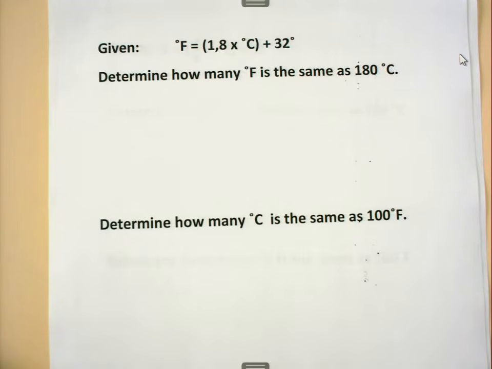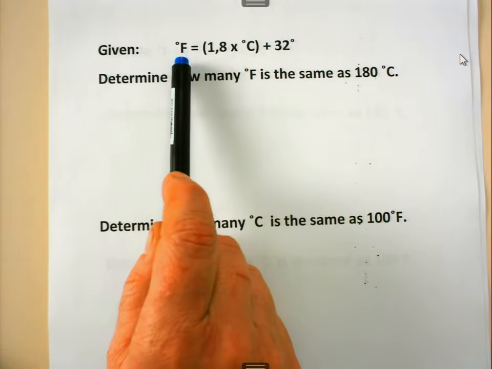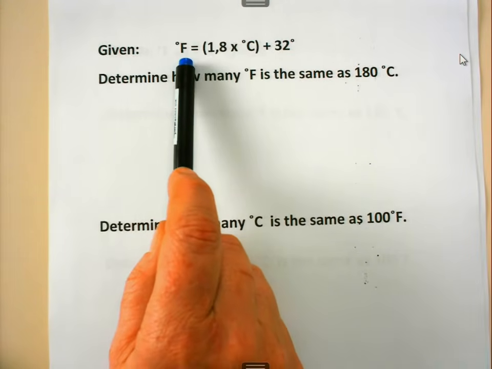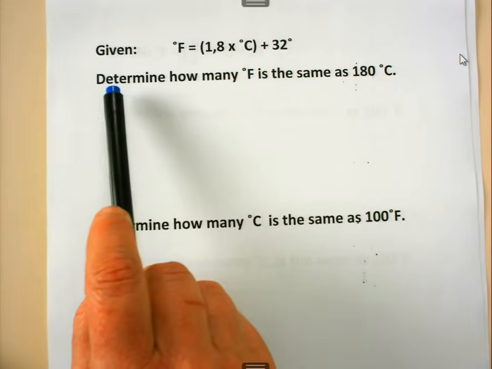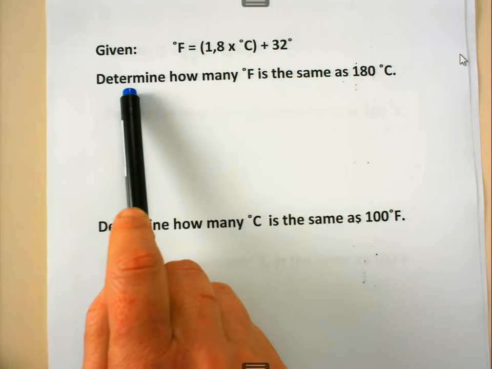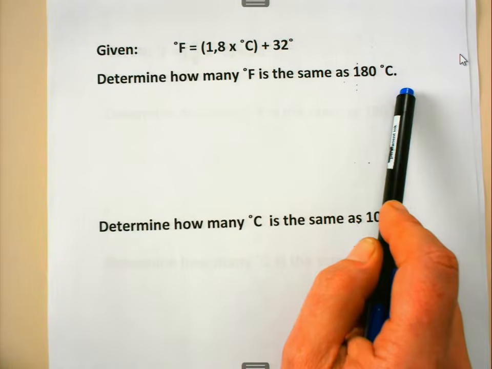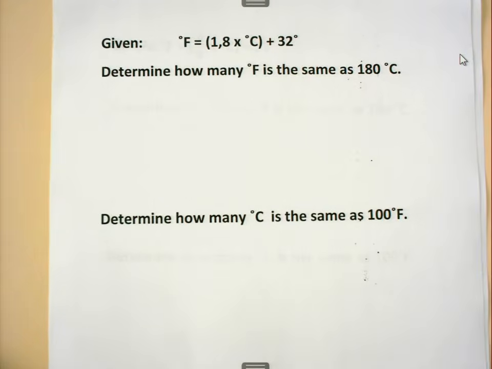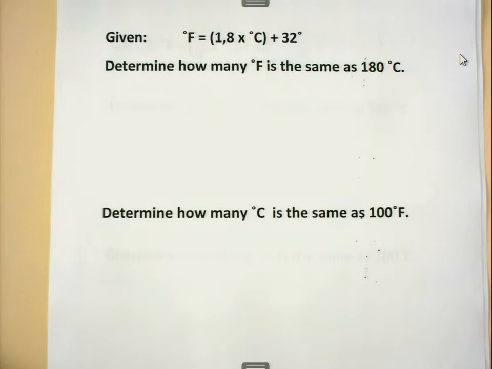Say, for instance, it's given to you in the examination that degrees Fahrenheit, you can work it out using the following formula. Now, if in this case you are requested to work out how many degrees Fahrenheit is the same as 180 degrees Celsius, you are fine because you can simply substitute the 180 degrees into there and work out the amount of degrees Fahrenheit it will be equal to.